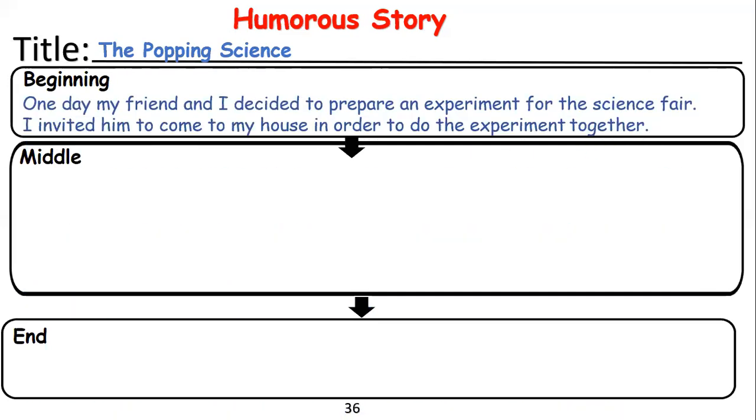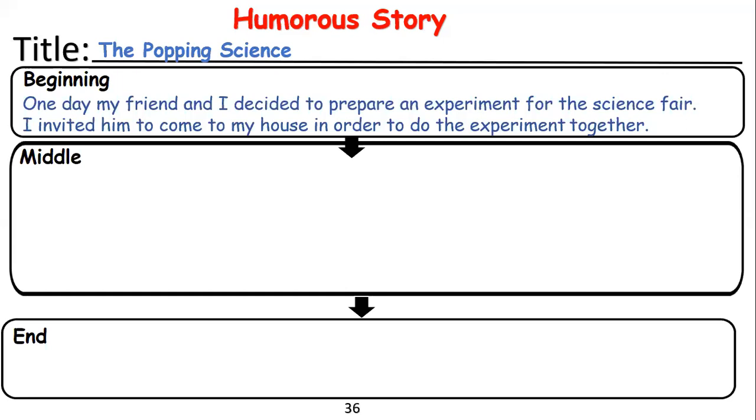One day, my friend and I decided to prepare an experiment for the science fair. I invited him to come to my house in order to do the experiment together. So here we describe the setting, when and where.